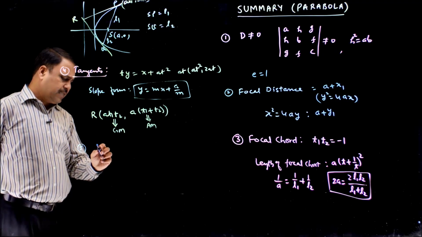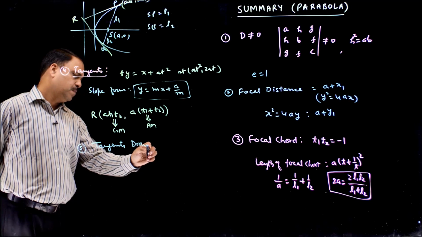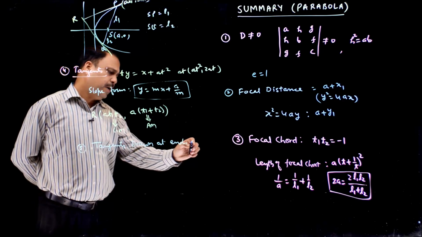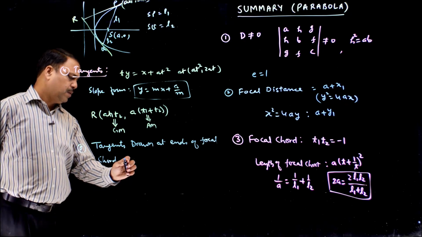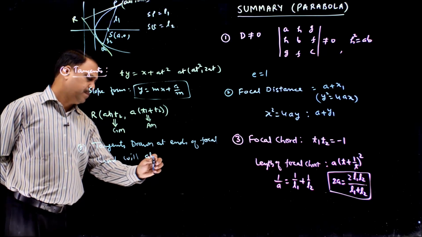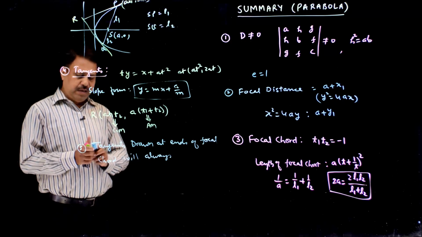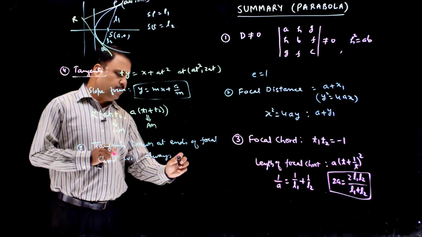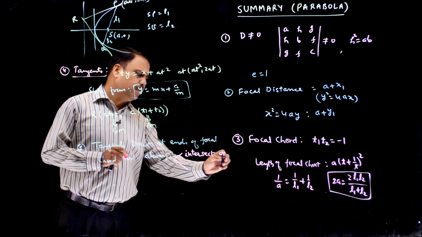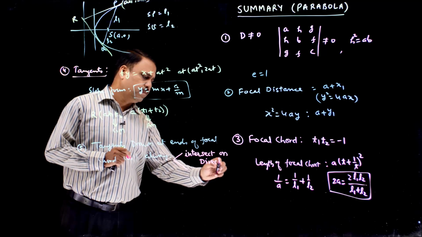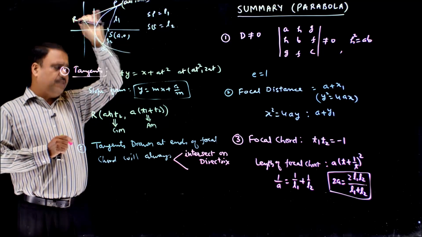That means tangents drawn at the ends of a focal chord will always intersect on the directrix.